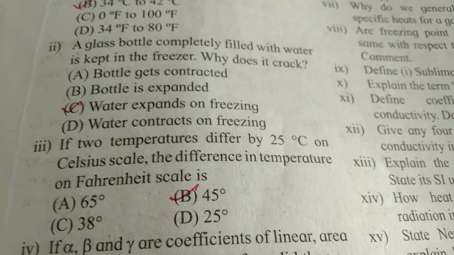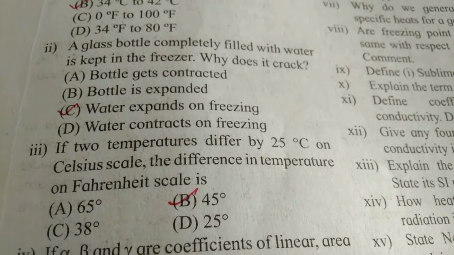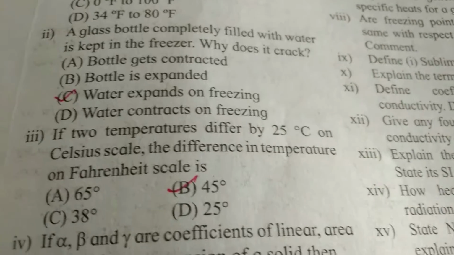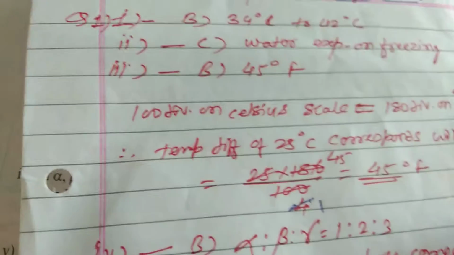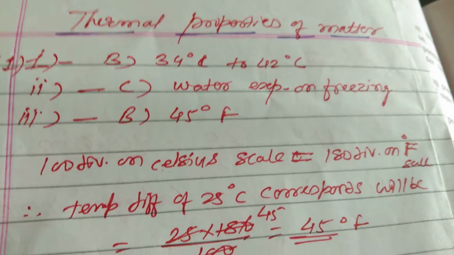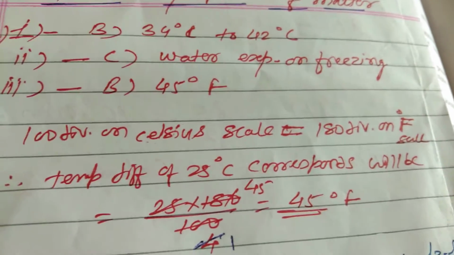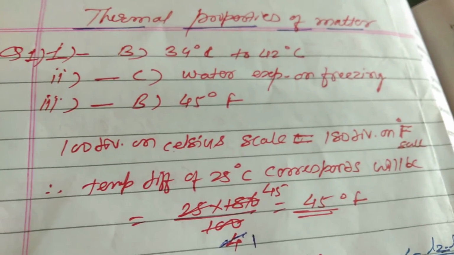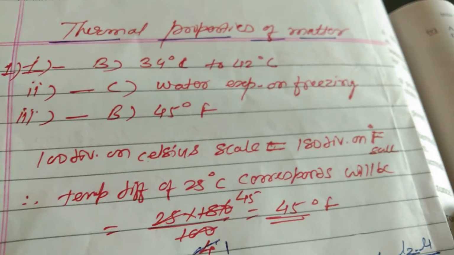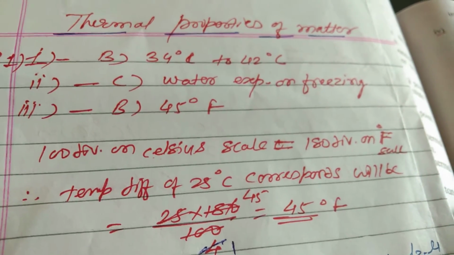If we take a temperature difference of 25 degrees Celsius, then we convert it into the Fahrenheit scale. We know that 100 divisions on the Celsius scale are equal to 180 divisions on the Fahrenheit scale. So the temperature difference of 25 degrees Celsius will be given by 25 multiplied by 180 divided by 100.